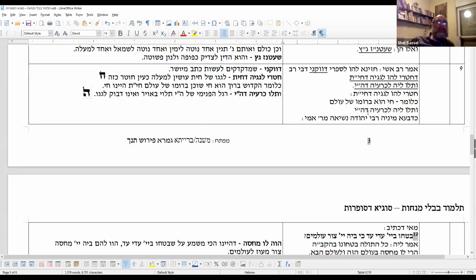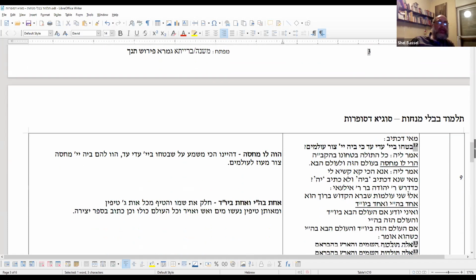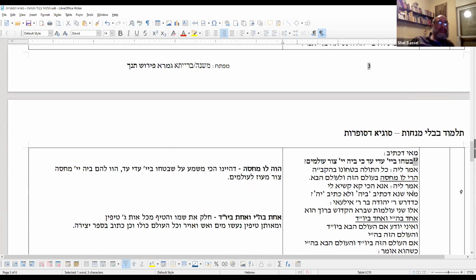And they hung the kara of the hay, the side of the hay, and that leads into the sugya that we're going to do next time.